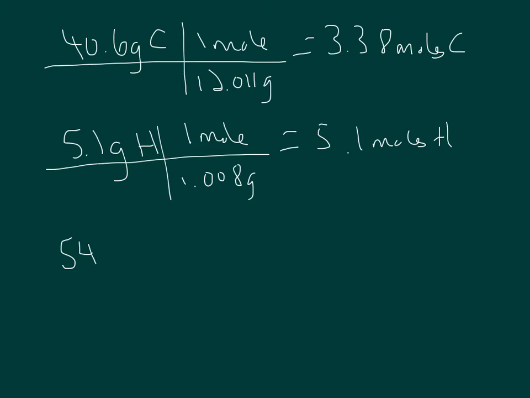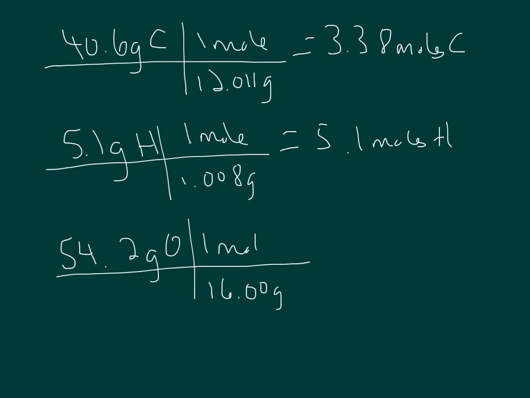Finally, we take 54.2 grams of oxygen, and you do this however many elements you have. You've got to find the moles of all of them. And this is 3.39 moles of oxygen.